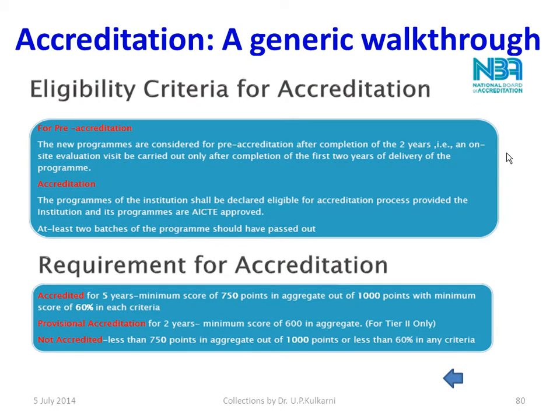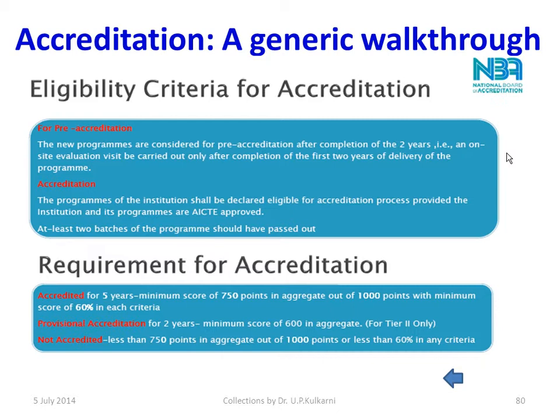Eligibility criteria for accreditation. The program of the institution shall be declared eligible for the accreditation process provided the institution and its program are AICTE approved, and at least 2 batches of the program have passed out. Requirements for accreditation, this is the old one. For 5 years: minimum score of 750 in aggregate out of 1000 points with a minimum score of 60% in each criterion.